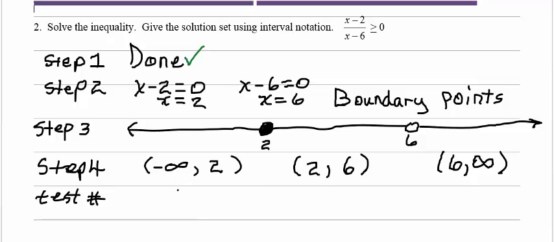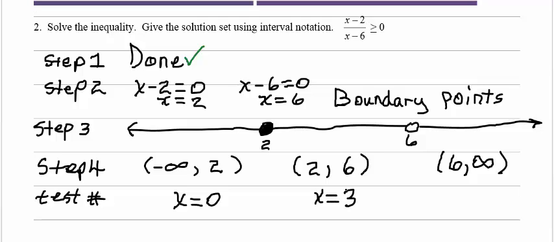All right, and now let's set up test numbers, or representative numbers that lie in each of these test intervals. Here I'm going to choose in the interval for all numbers smaller than 2, x equals 0. If 0 is not a boundary point, then I always want to choose 0 when I get to the test interval that contains 0, because 0 is very easy to work with. In this second test interval, I'm going to choose x equal to 3.